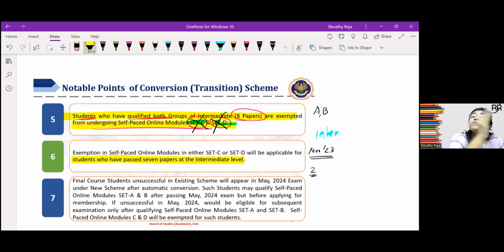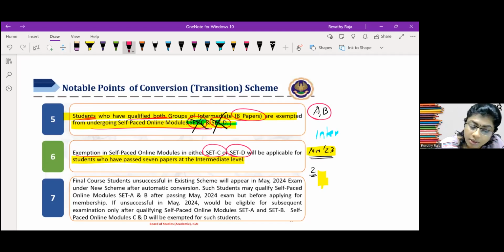Now, if you have passed the intermediate in November 2023 as per the syllabus wherein there are 7 papers, which was the old syllabus, then either set C or set D will be exempt. Exempt from the self-paced module in either set C or set D, meaning you have to appear for set A and B anyway, and either C or D.